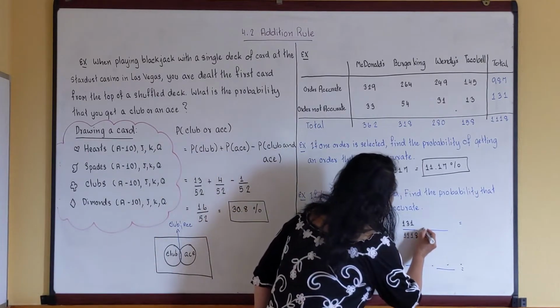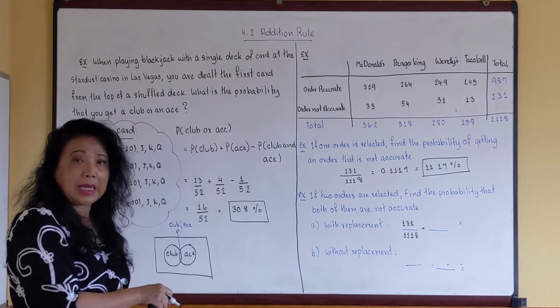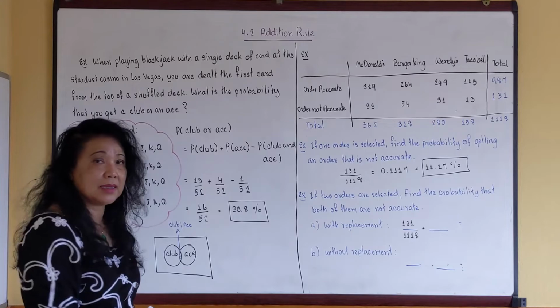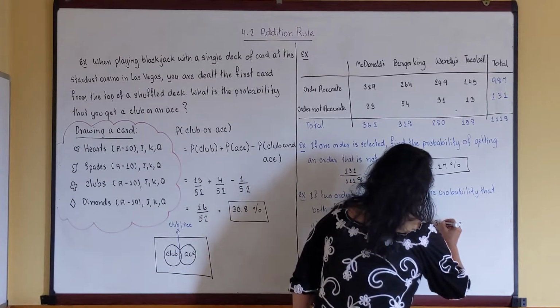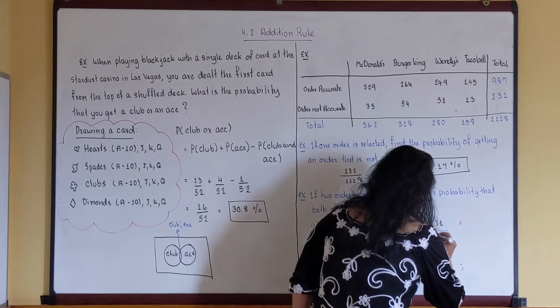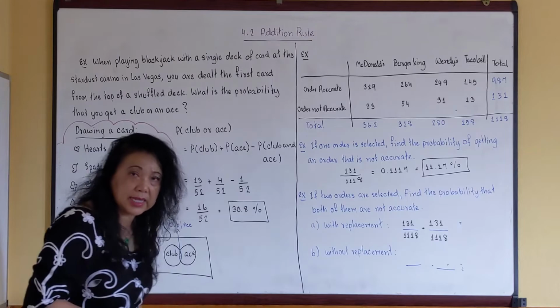All right. Now because it's with replacement, you put it back, so it can be picked again. So the second one will be 131 out of 1,118 again, because you put it back and it can be selected again.